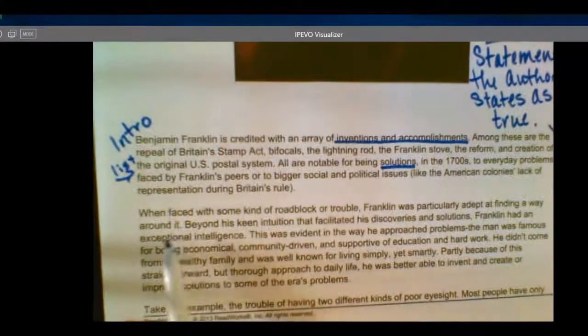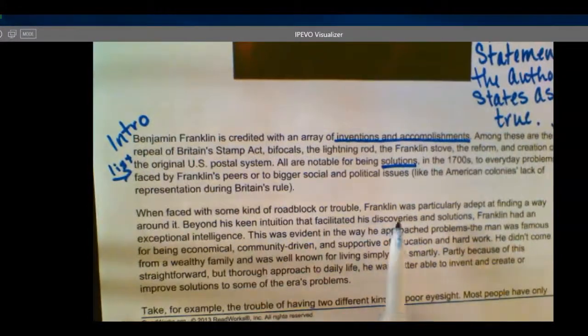All right. When faced with some kind of roadblock or trouble, Franklin was particularly adept at finding a way around it. Beyond his keen intuition that facilitated his discoveries and solutions, Franklin had an exceptional intelligence. This was evidenced in the way he approached problems.